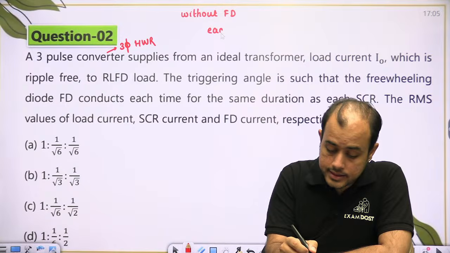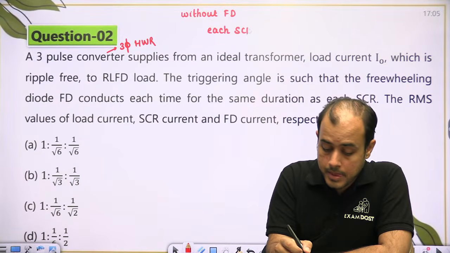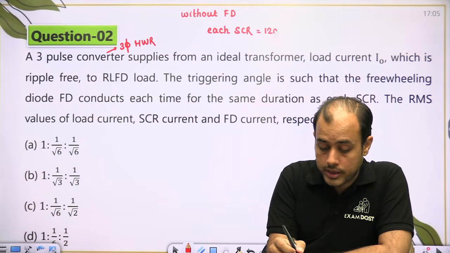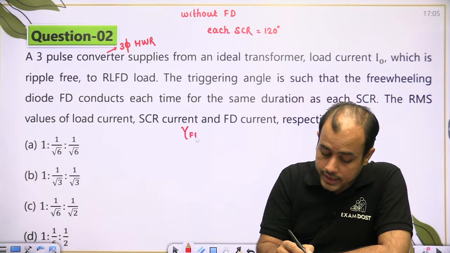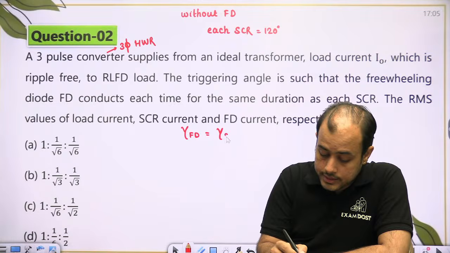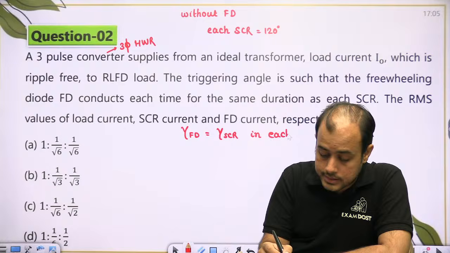So each SCR conducts for 120 degree. Now it says gamma freewheeling diode is equal to gamma SCR in each pulse.